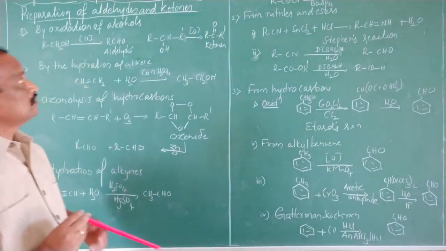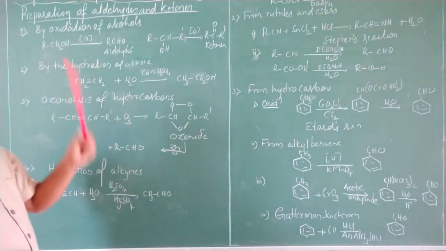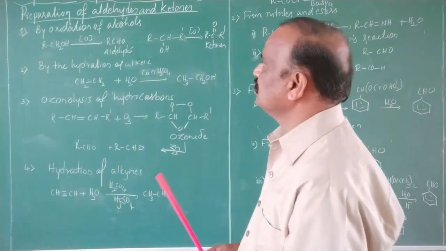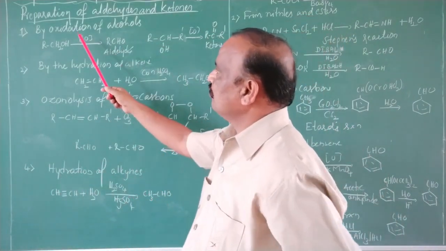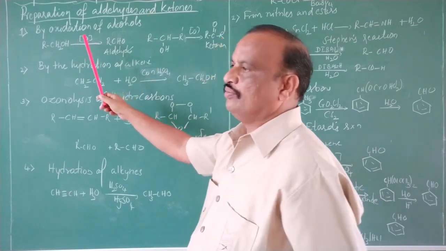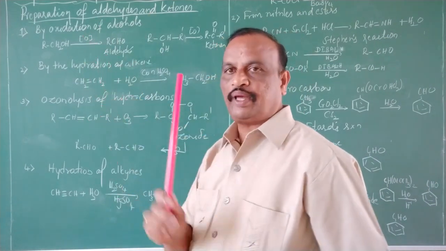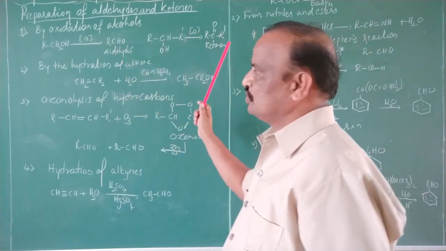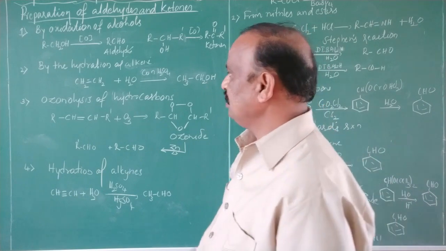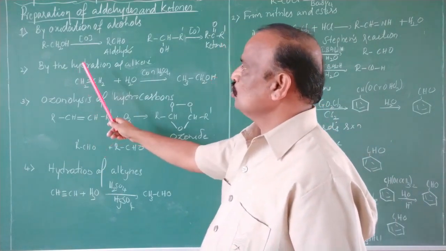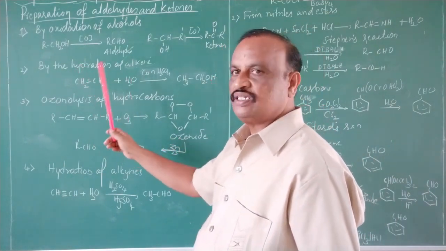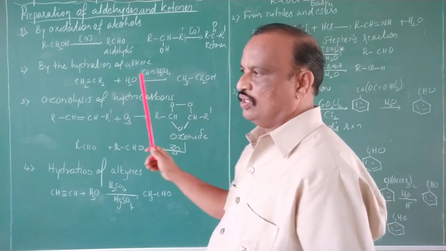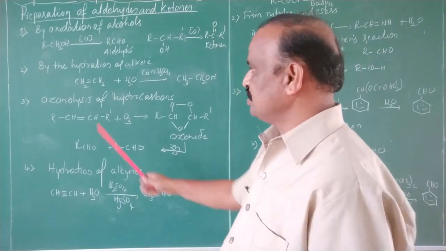Well, in this part, let us learn about the methods of preparation of aldehydes. The first one is from the oxidation of alcohols. You know that primary alcohols on oxidation give aldehydes, whereas secondary alcohols give ketones. That method you have studied in the junior class. Then hydration of alkenes: alkenes on hydration give alcohols in the presence of concentrated sulfuric acid.